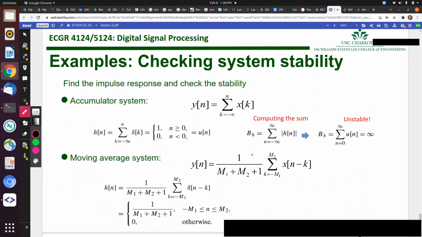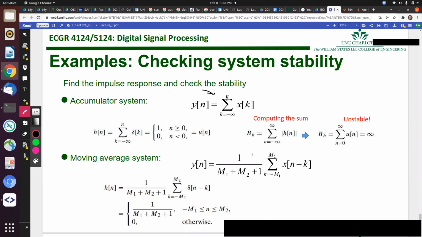Checking system stability. So we have a little bit of how do you go about it? You basically could go and compute this sum. That's the key operational part of it. So here's an accumulator system.